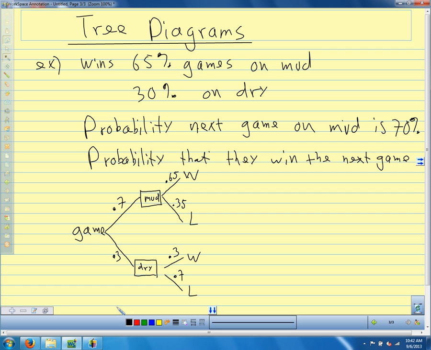To find the probability that they win the next game, knowing that there's a 70% probability that they play on mud, we multiply along the branches. So this would be the probability that they play on mud and win.